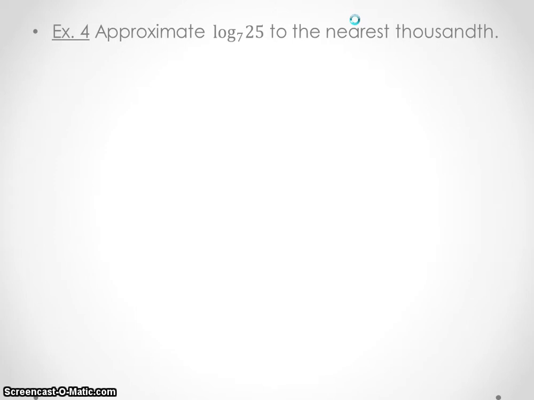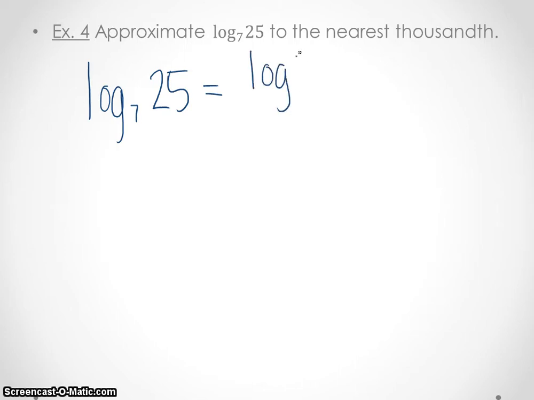Okay, let's see where we would actually use this. So it says approximate log base 7 of 25 to the nearest thousandth. Now we cannot do this one in our calculators yet, so we use our change of base property to say log, and it's base 10, but I don't need to write it, so let's just say log of 25 over log of 7.